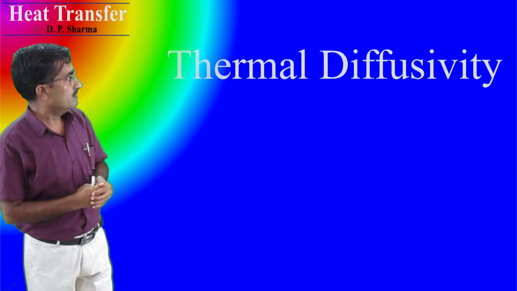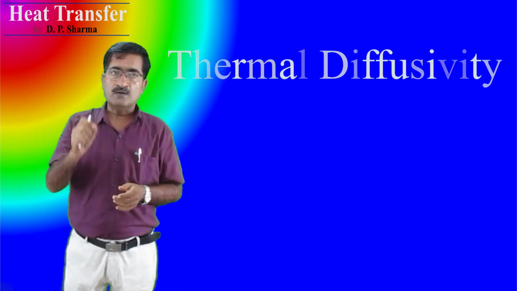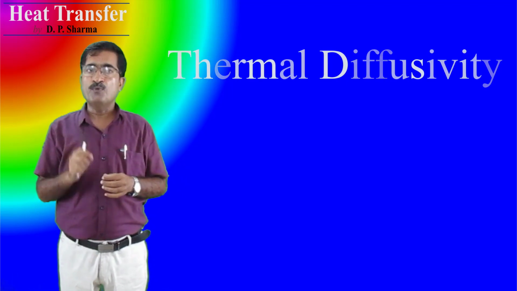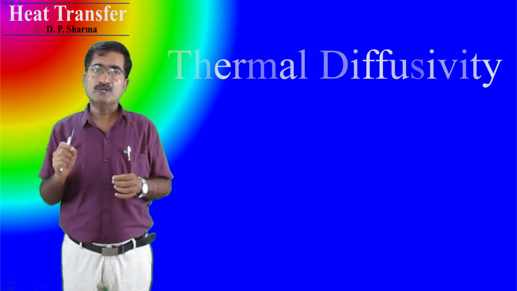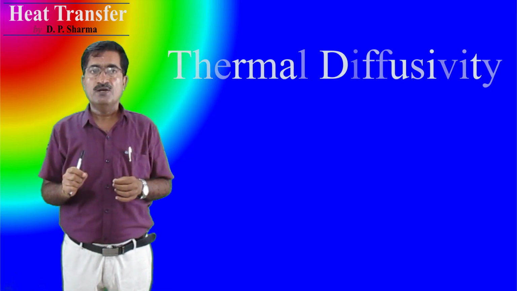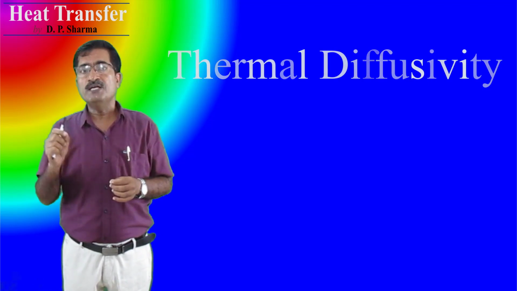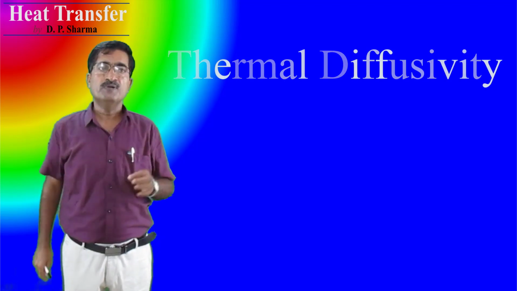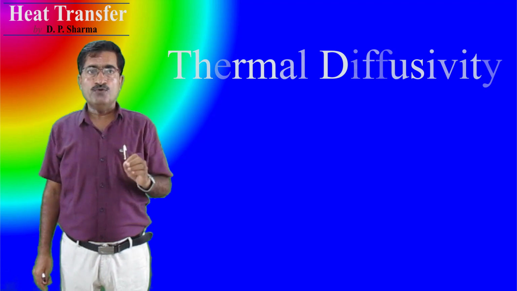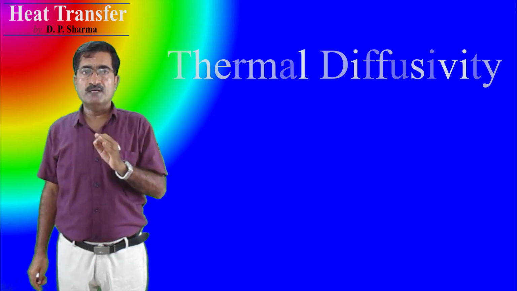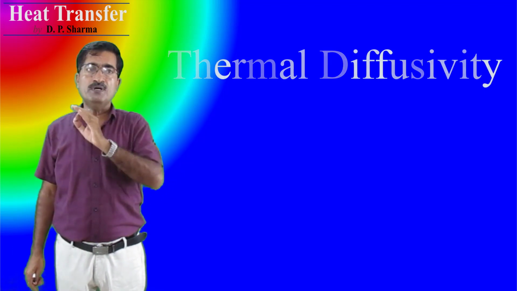Now, thermal diffusivity. Thermal diffusivity is an important thermophysical property. It is the ratio of thermal conductivity K of medium to heat capacity rho C. It is denoted by alpha. It is the ratio of heat conducted through material to heat stored per unit volume.